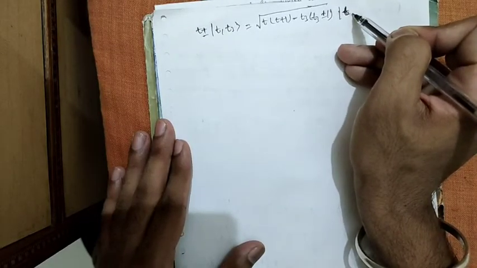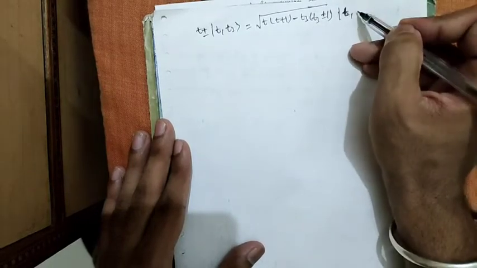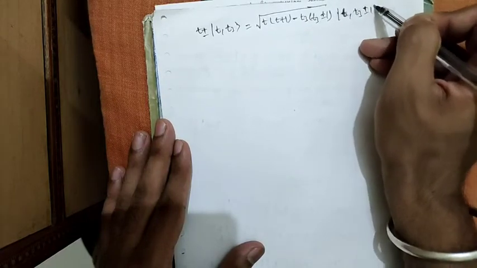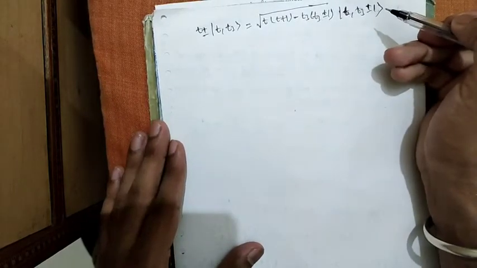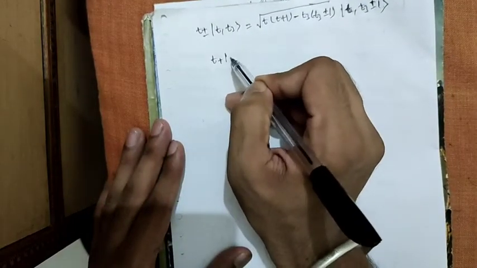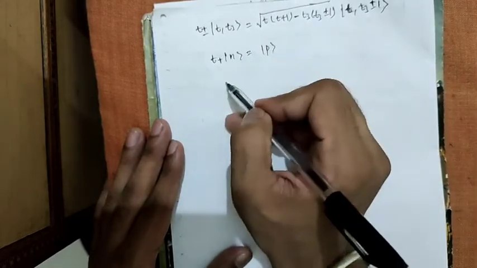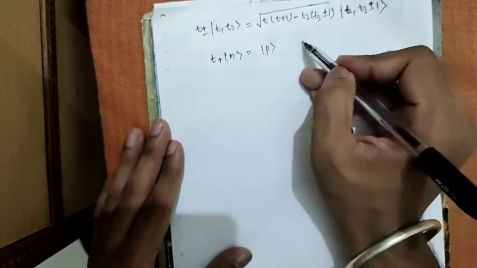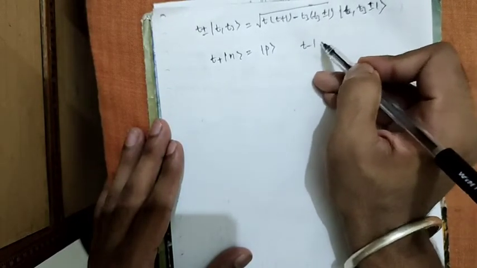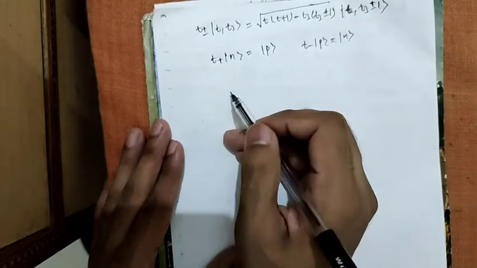Here the t3 value is raised or lowered by 1. One more thing to point out: when the T plus operator operates on a neutron, it converts it into a proton, and when the lowering operator T minus operates on a proton, it gives us a neutron.